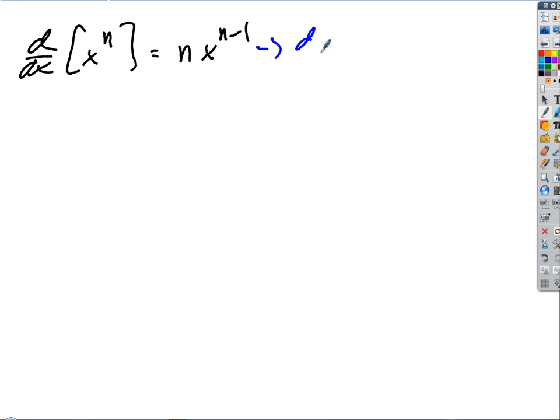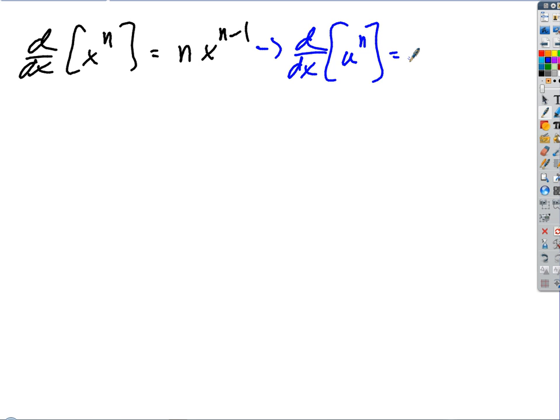What we're going to say instead is the derivative with respect to x of u to the n. And u is just always understood to be some function of x. Could be sine x, could be a polynomial, could be anything, just some function of x. What's that going to be? By the chain rule, it's just the derivative of u to the n, right? u is just our function of x.